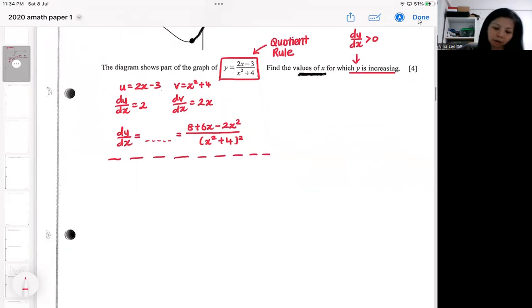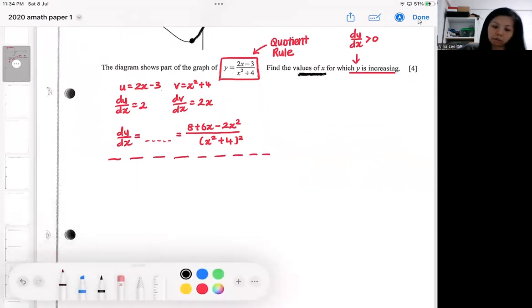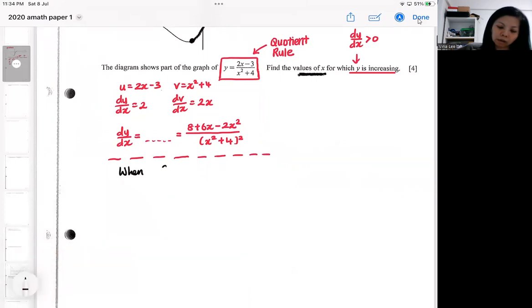Subsequently, we're going to apply the definition of increasing function. When dy/dx is greater than 0, we set the whole dy/dx greater than 0.